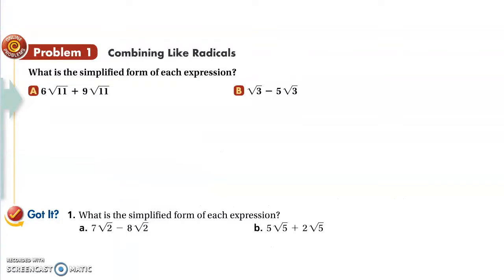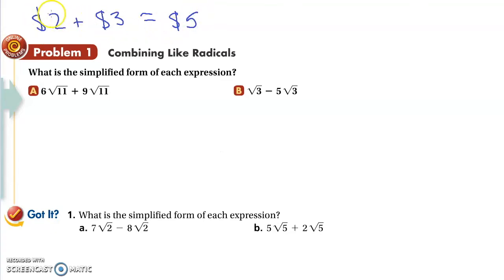One thing that's always helped me when I'm trying to combine like terms, combine like radicals, is this example. If I had, let's say, $2 plus $3, what would you get? What's $2 plus $3? Well, you would get $5.